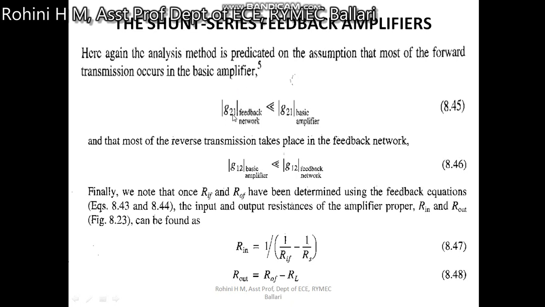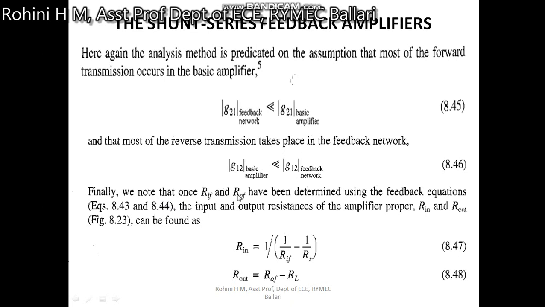Here G21 of the feedback network is very much less than G21 of the basic amplifier from port 1 to port 2, and G12 of the basic amplifier is less than G12 of the feedback network. So most of the reverse transmission takes place in the feedback network.